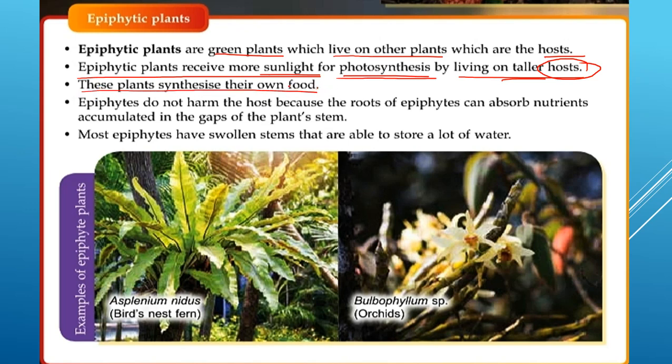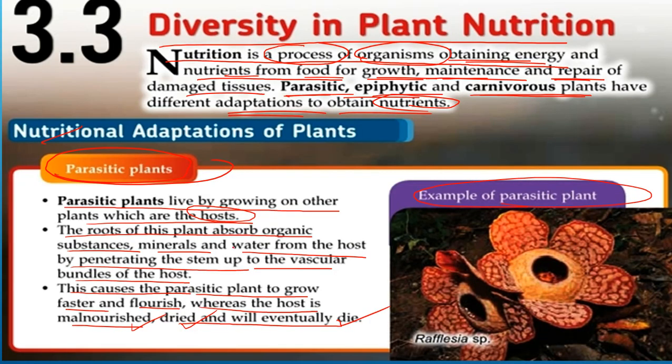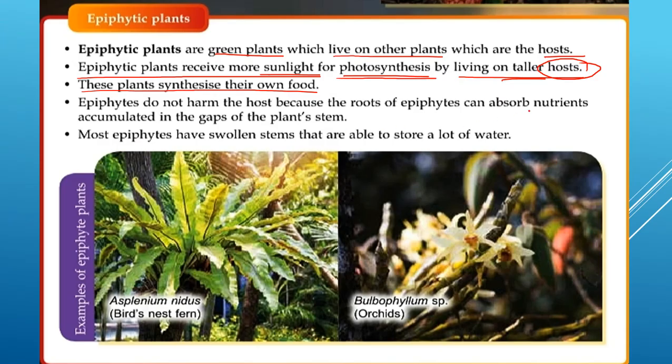So bezanya dengan parasitic plant tadi, dia dapat nutrien dengan cara dia absorb semua nutrien daripada host. Yang epiphytic plants ini memang dia tinggal di plants yang sebagai host lah, tetapi still dia sendiri menjalankan proses fotosintesis untuk sintesis dia own food lah.